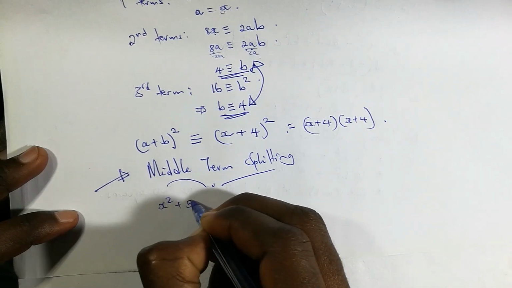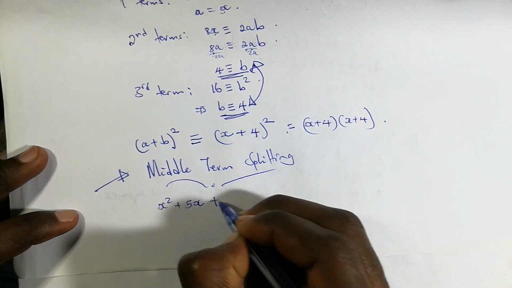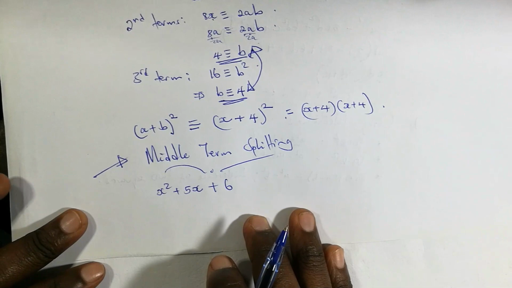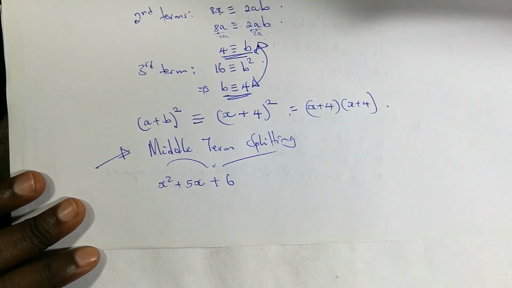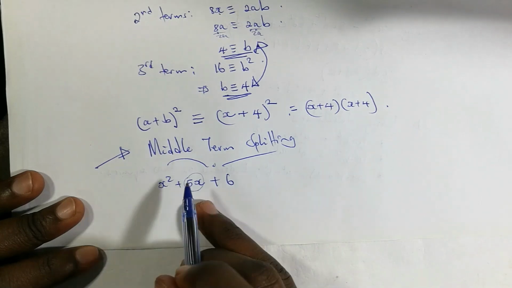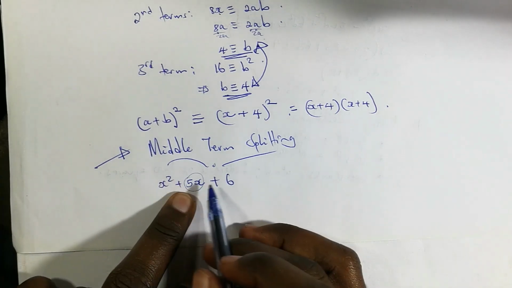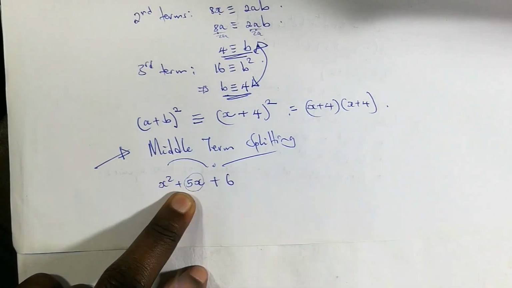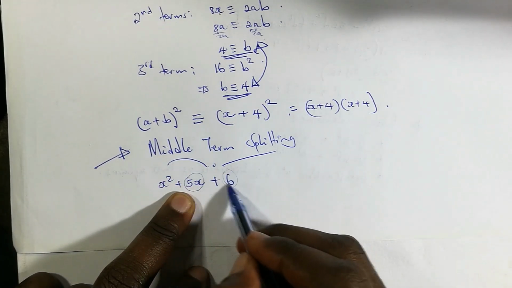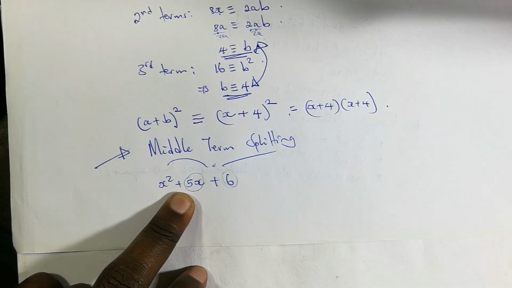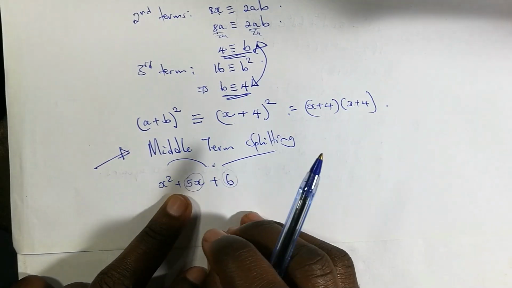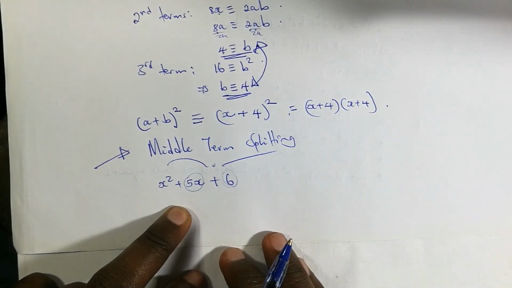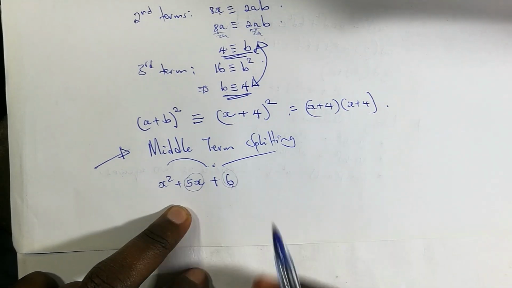We actually looked at an example about this when we were expanding in our previous video. For middle term splitting, the middle term is split as a combination of factors of the third term, whereby if you multiply those two, you get the product, and if you add them, you get this.